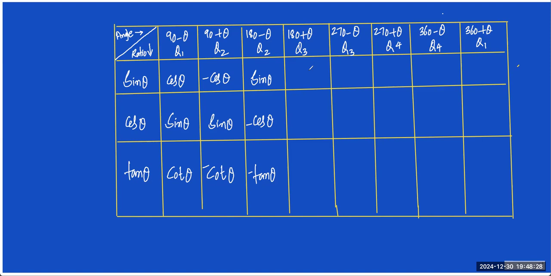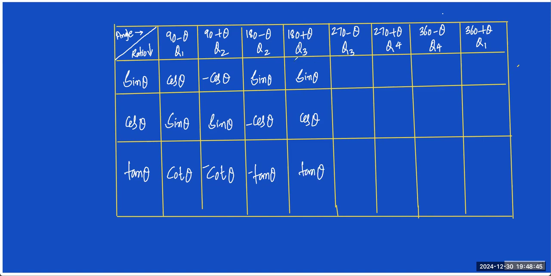180 plus theta means the third quadrant. In the third quadrant, again sine remains sine only, cos remains cos only, tan remains tan only.